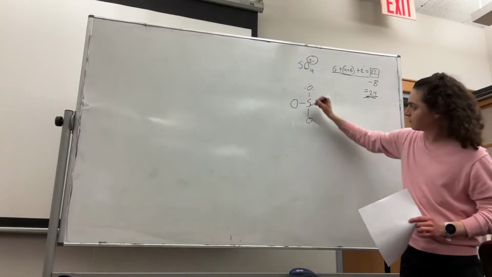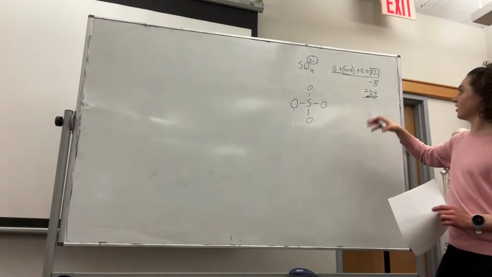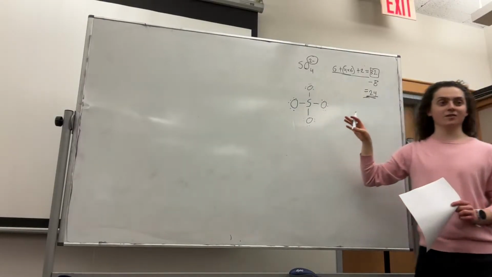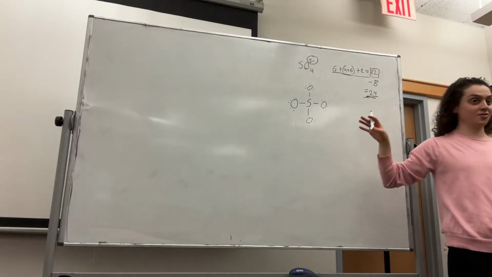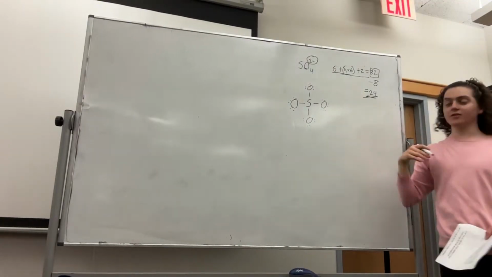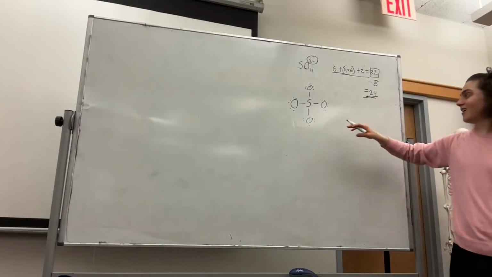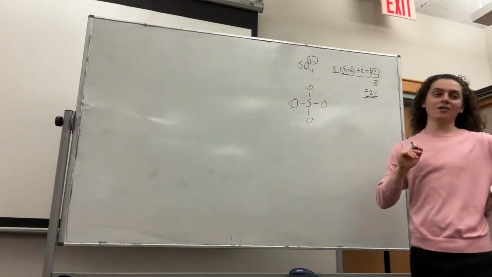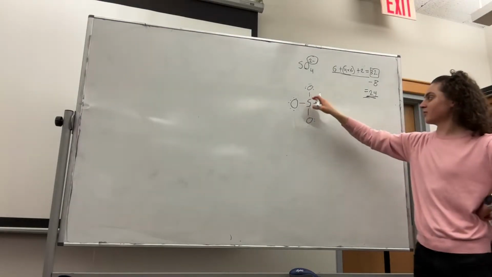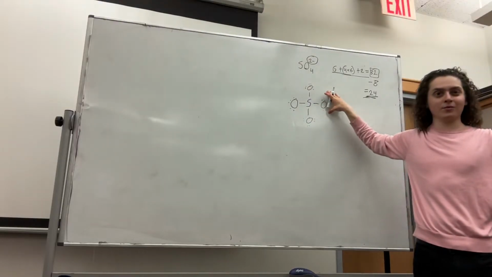Okay, so luckily, we had a really neat situation here because each of these oxygens takes 6 electrons, and so we were able to put all of the electrons on just by doing the same thing for every atom. Kind of cool. But we're not 100% done here because it looks like sulfur is totally good with the octet rule, and it actually looks like all these other atoms are satisfied with the octet rule.